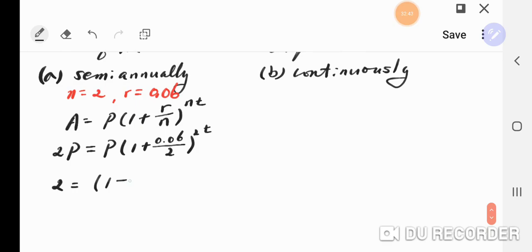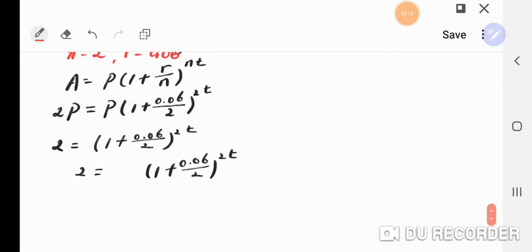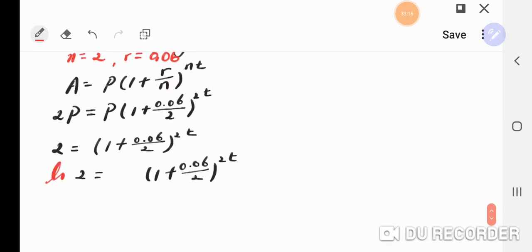Let me write this one again, and then we can take the natural logarithm so that we can take the exponent 2t out. So take the natural logarithm on both sides. From this equation, take natural logarithm on each side.